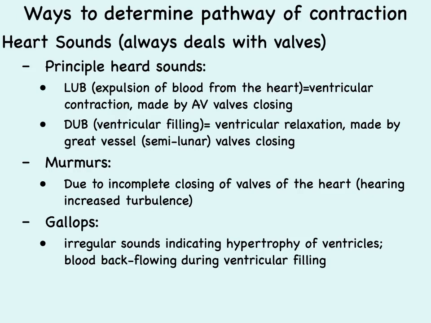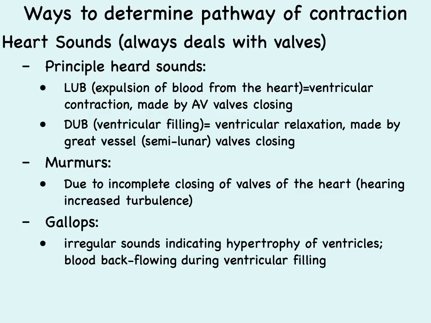Just because we hear a murmur does not mean that there is a pathological condition. However, continual murmuring is an indication of stenosing of the valves. That's where the valves lose their flexibility and will not open and close correctly. If we continue hearing murmurs from individuals, then we have to start worrying about stenosing of the valves and a pathological condition within the heart.